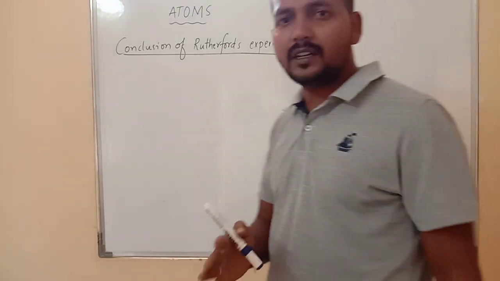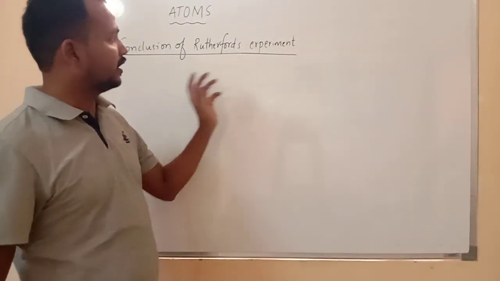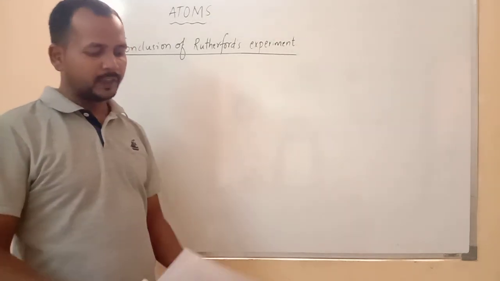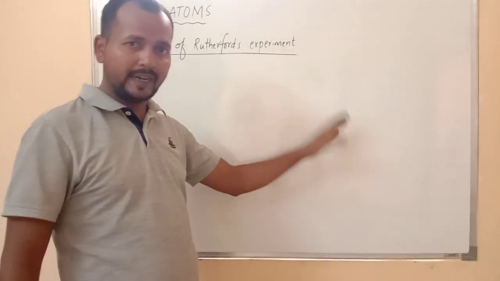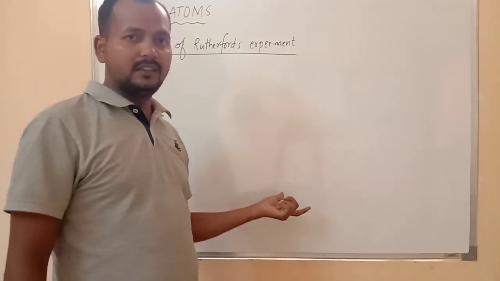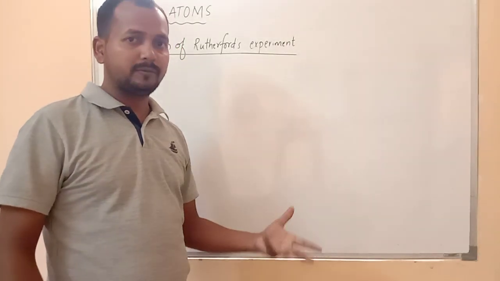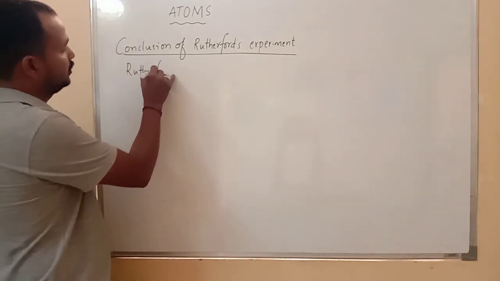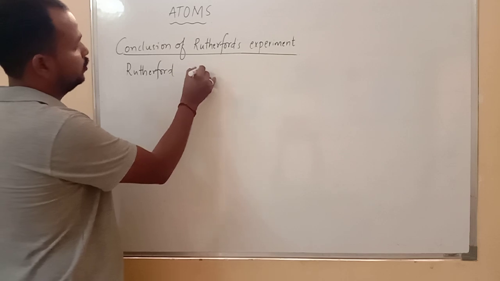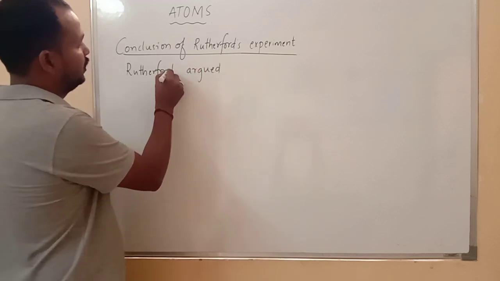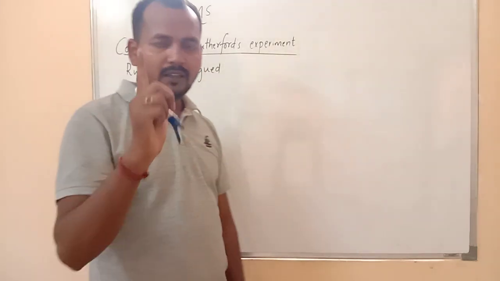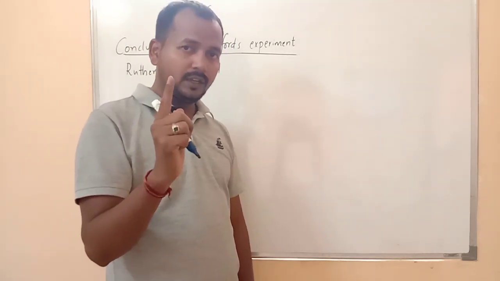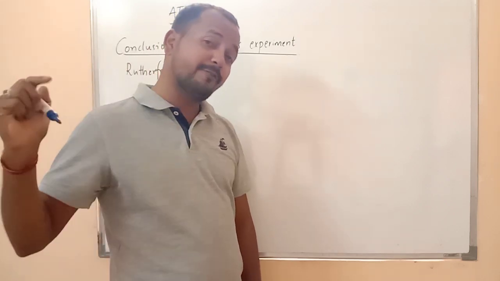After conducting the Geiger-Marsden experiment, what is the conclusion of the Rutherford experiment? What did they conclude? After these observations were noted down, Rutherford argued something. What did he argue? You remember the fourth point: 1 in 20,000 alpha particles gets reflected back.